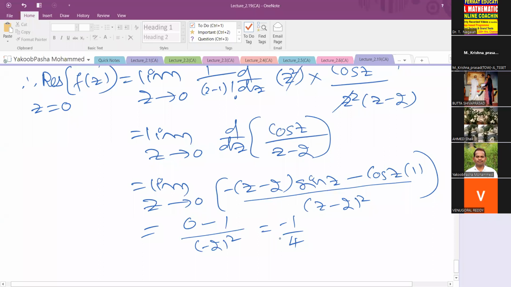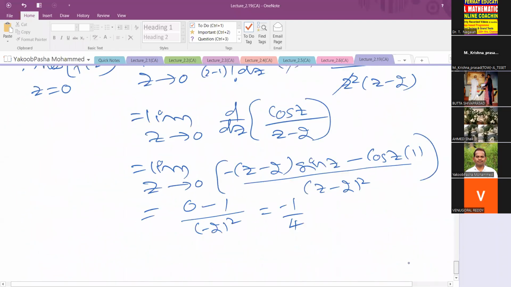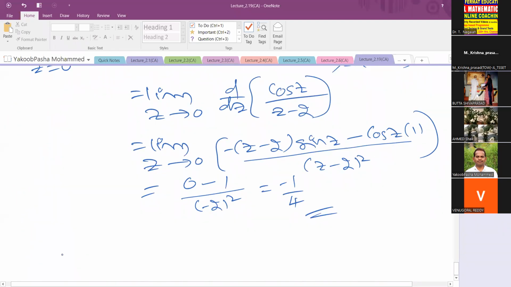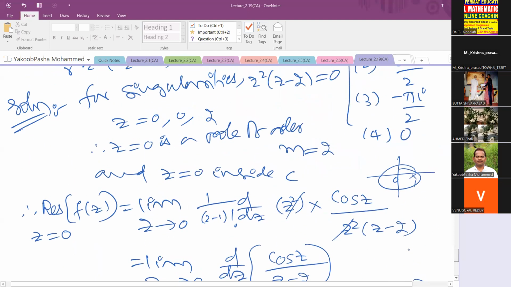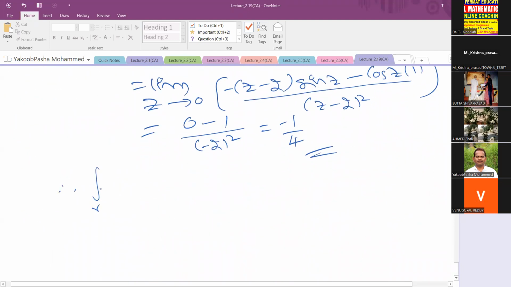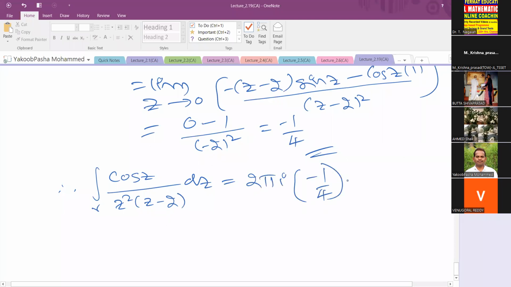But we have to calculate the integral value. Therefore, the integral over C of cos z divided by z square into (z minus 2) dz is equal to 2 pi i into the residue of the function, that is minus 1 by 4, that is minus pi i by 2.